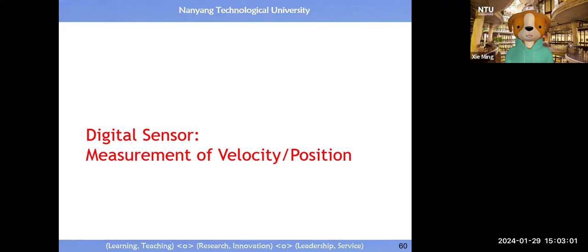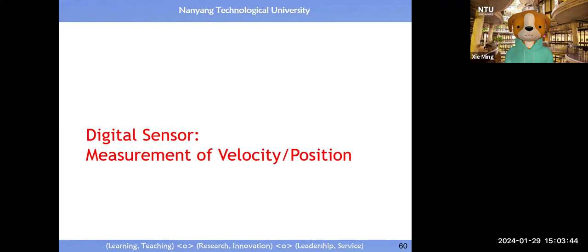So I have just covered these two analog sensors. The working principle, the philosophy, is very important, and the philosophy is very simple. Regardless of what the physical quantity is, which could be pressure, force, or many other things like lighting intensity or acoustic signal, the principle is to convert the value of the physical quantity being measured into a physical quantity in the electric domain, such as resistance, capacitance, or inductance.